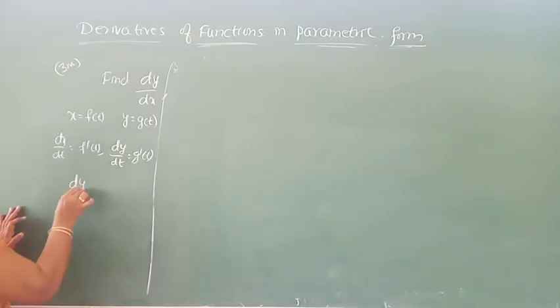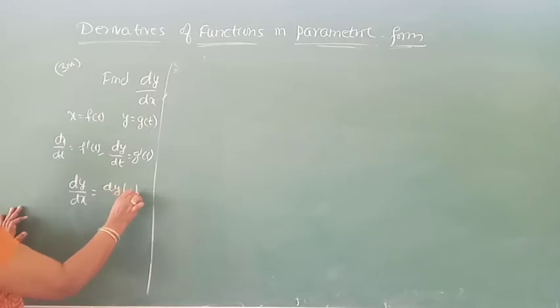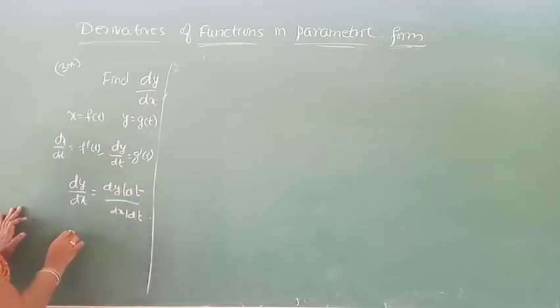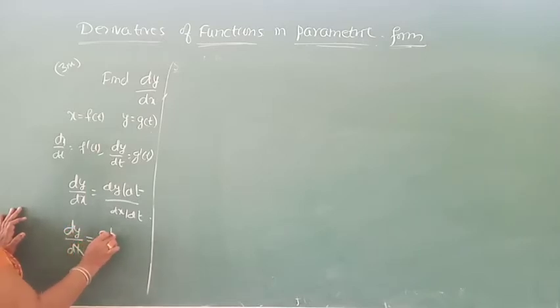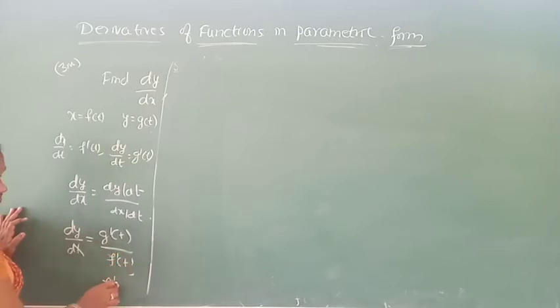Then dy by dx can be expressed as dy by dt divided by dx by dt, or else g dash of t divided by f dash of t, under the condition f dash of t not equal to 0.